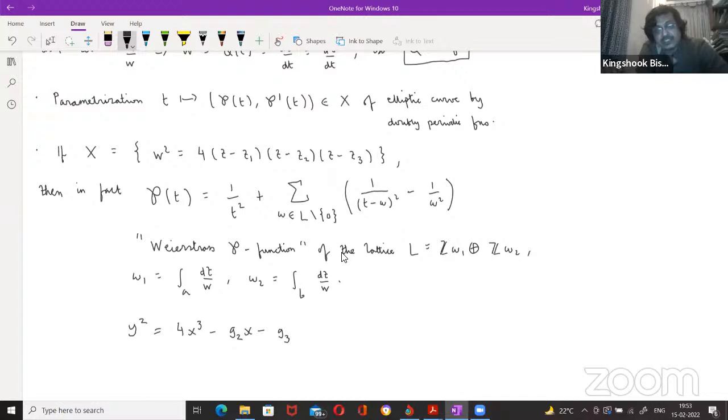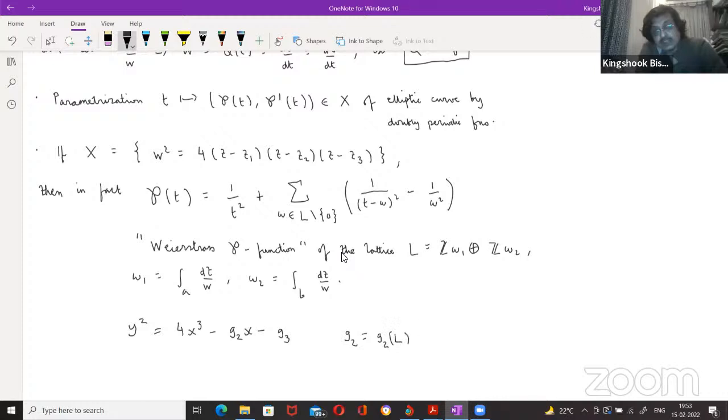I can bring it into this form. And if I remember correctly, g2 and g3 will be functions of the lattice. So this will be g2 of L.